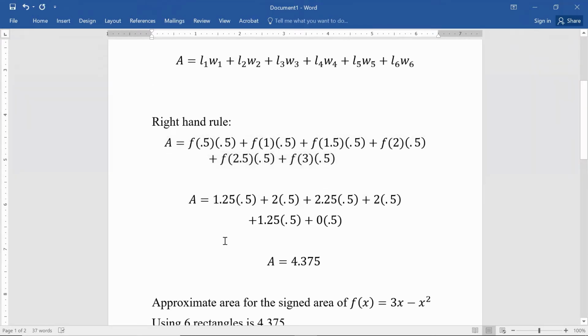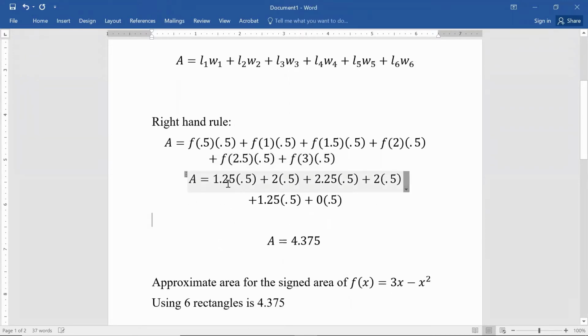With the right-hand rule, the approximation gave me 4.375. So the right-hand rule approximation is 4.375.